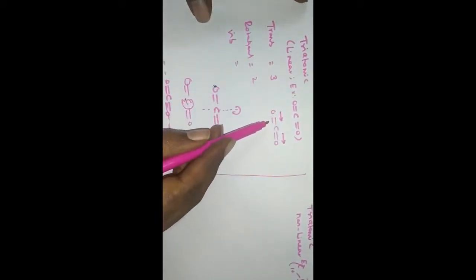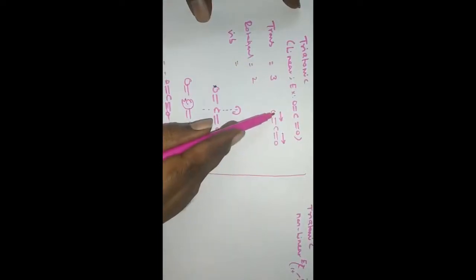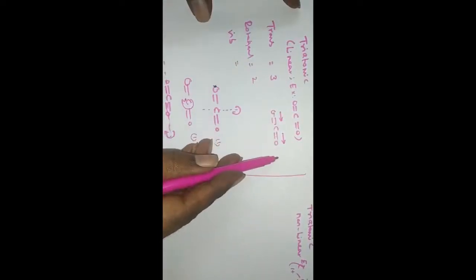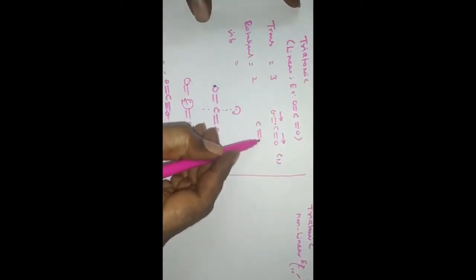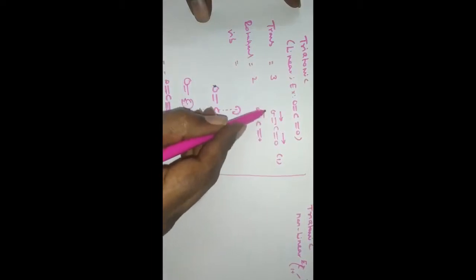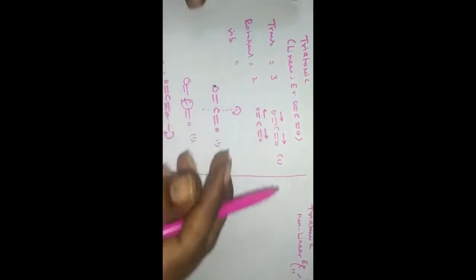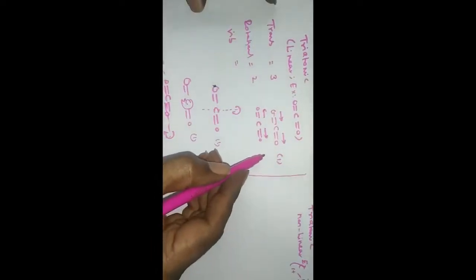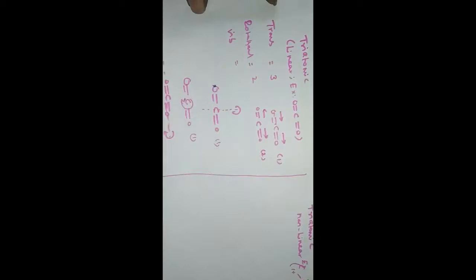This is called asymmetrical stretching. This bond comes over here, this bond elongates. So this is called asymmetrical stretching. So this is one vibrational motion. And if the stretching is like this, both bonds elongate like this. So this is called symmetrical stretching. So 2 vibrational motions are possible.